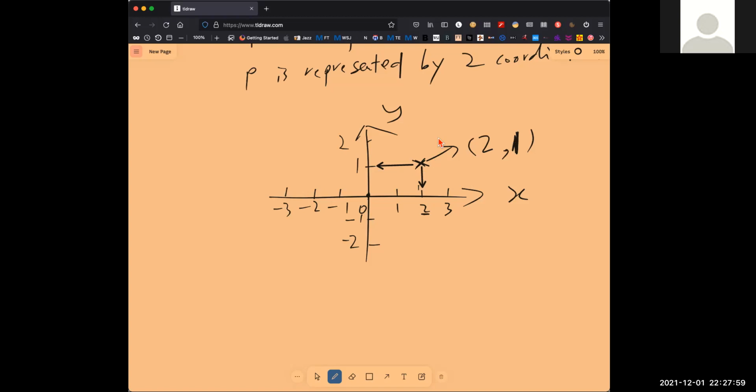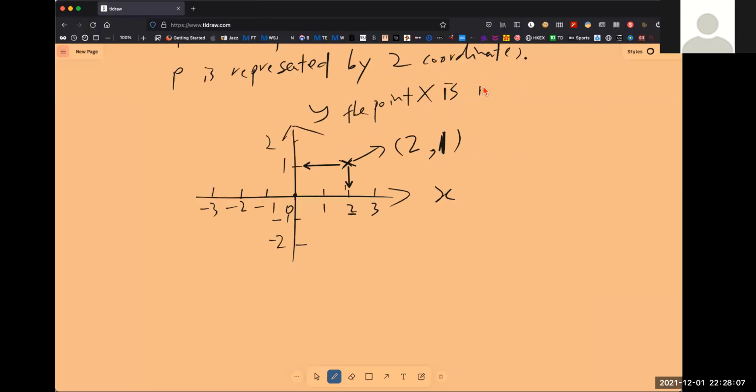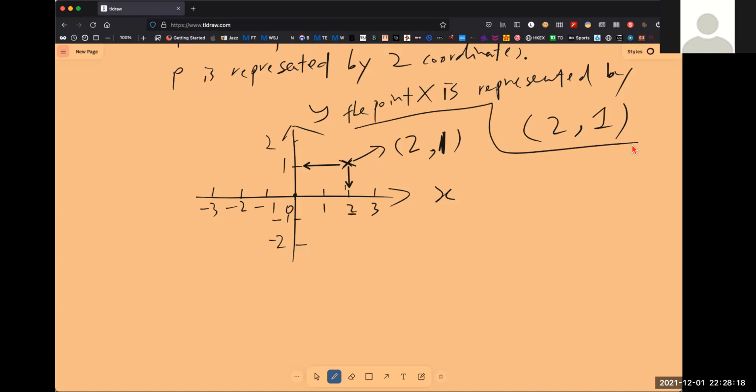So the point is represented by 2, comma, 1. That's how you define a point.